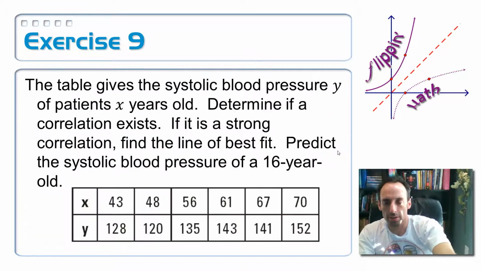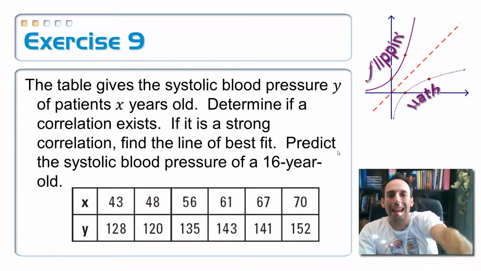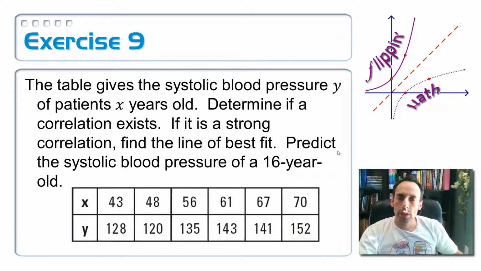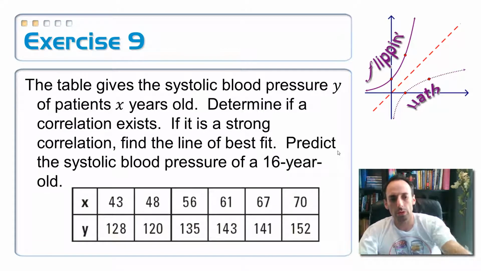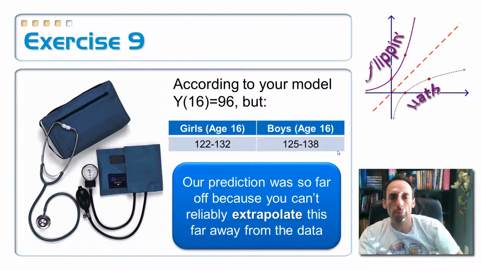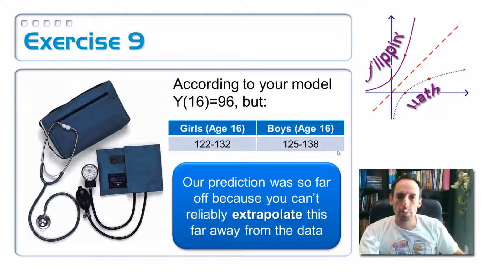Let's look back at this. What we have are the ages of from 43 to 70. Now, if I'm measuring the blood pressure of some older people, do you think that that's going to relate to a 16-year-old? It's a very good question. And this is a problem in statistics that's called extrapolation.